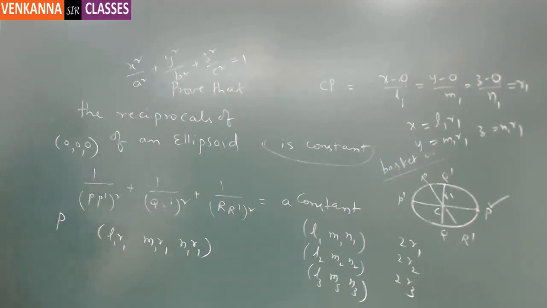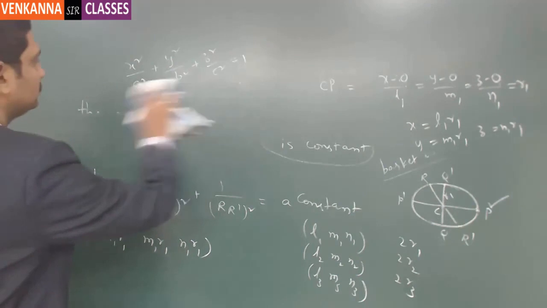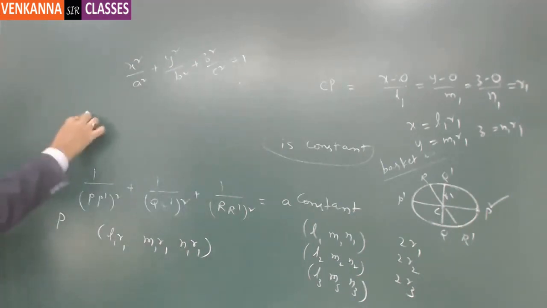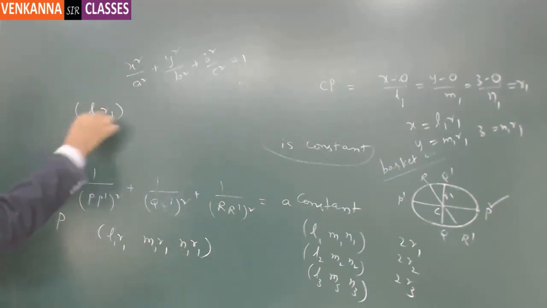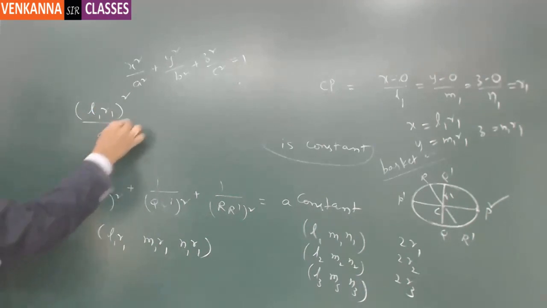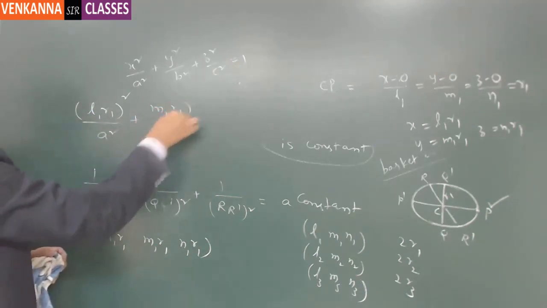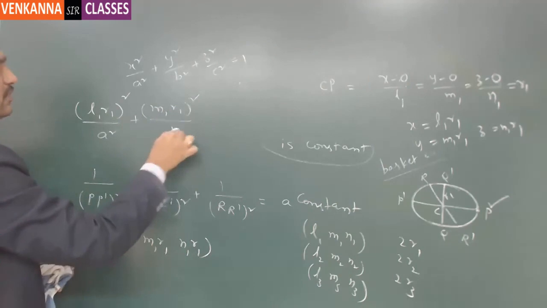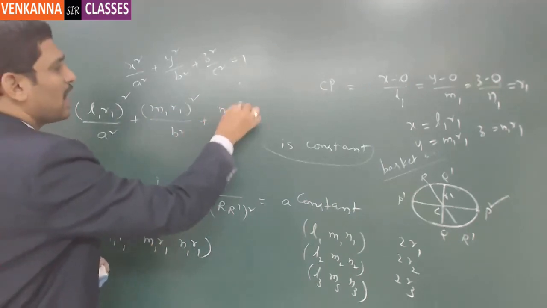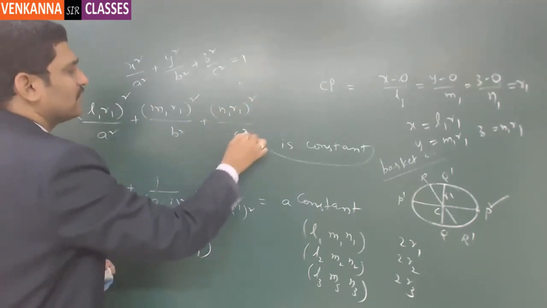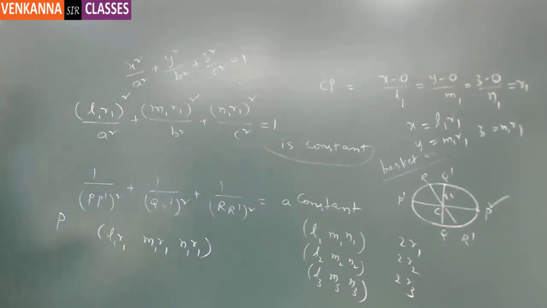If you substitute x, y, z values in the ellipsoid equation, you have (L1 R1) whole square by a square plus (M1 R1) whole square by b square plus (N1 R1) whole square by c square is equal to 1. The coordinates must satisfy the ellipsoid equation because it is a point on the ellipsoid.